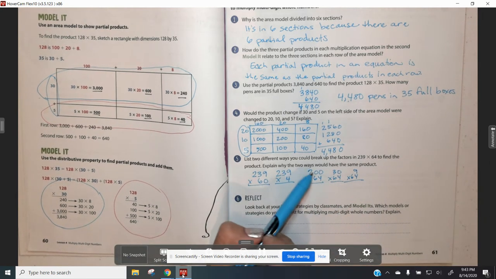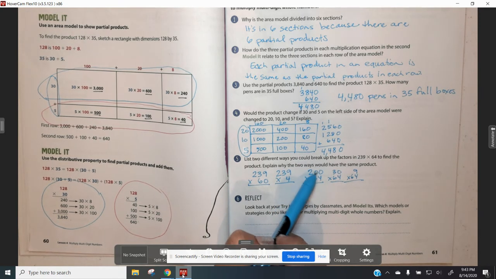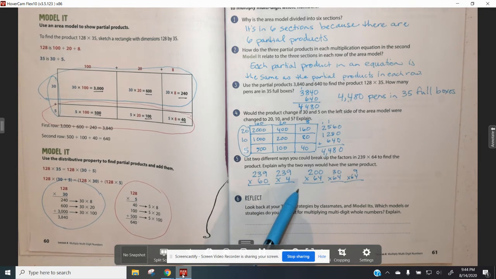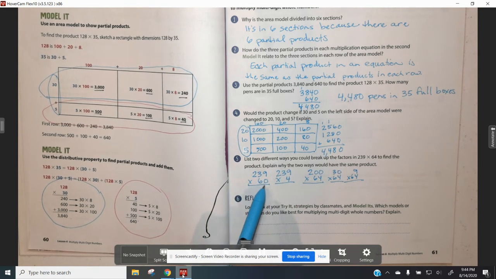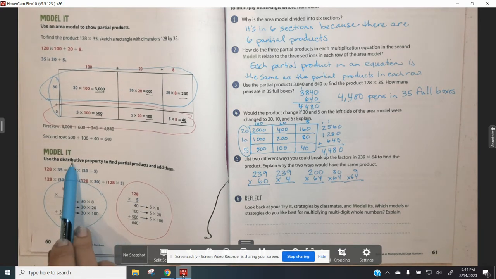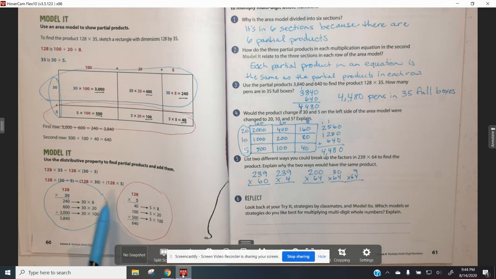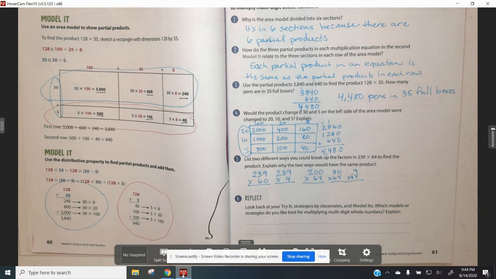Because here we are leaving the 64 the same, but we're expanding the 239 into 200, 30, and 9. So either of these ways would work. But what we're doing is leaving one factor the same, and then using distributive property to put the other number into expanded form and breaking it up to make it a little bit easier.